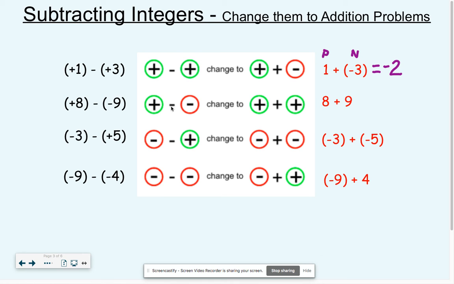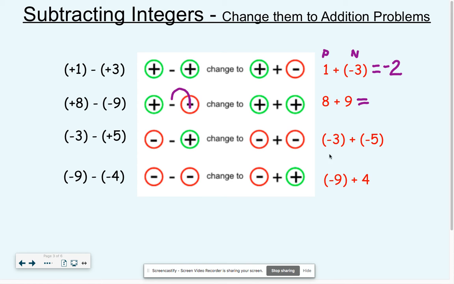But what I like to show you is that this subtraction sign comes and makes it into an addition sign. They were two minuses that when you put them together, they make a plus. So really this problem turns into the positive 8, which is what we started with, but then that subtraction symbol made the negative symbol a positive. So it made it into a plus 9.